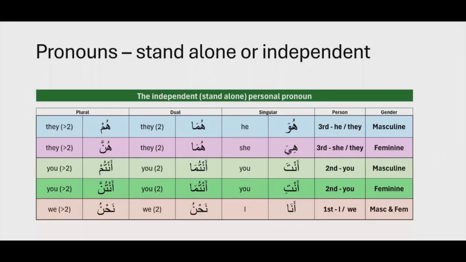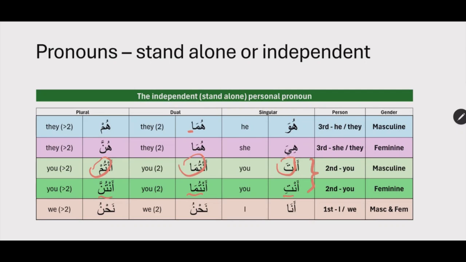Now, why I'm showing you the pronouns again is because there are some features. You look at this alif, and this one, it doesn't apply so much to the past tense. Then you look at this one here in particular, which does apply: tuma, tum, ti, tuma, tunna.